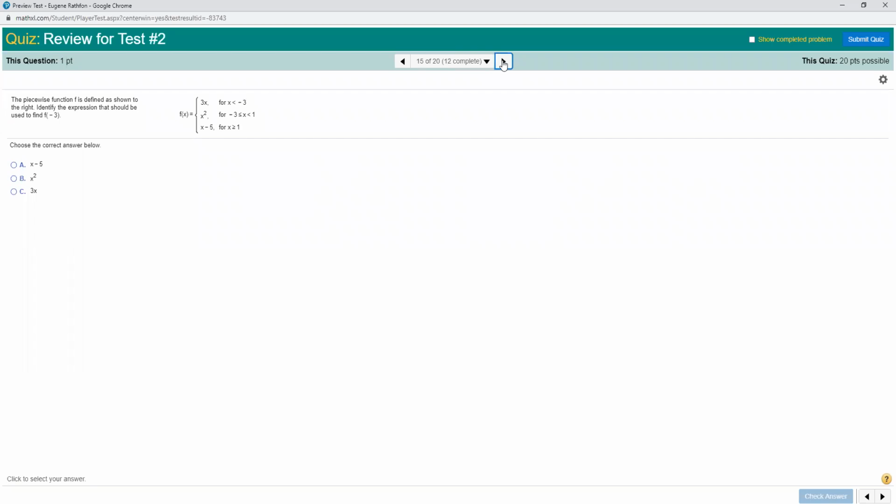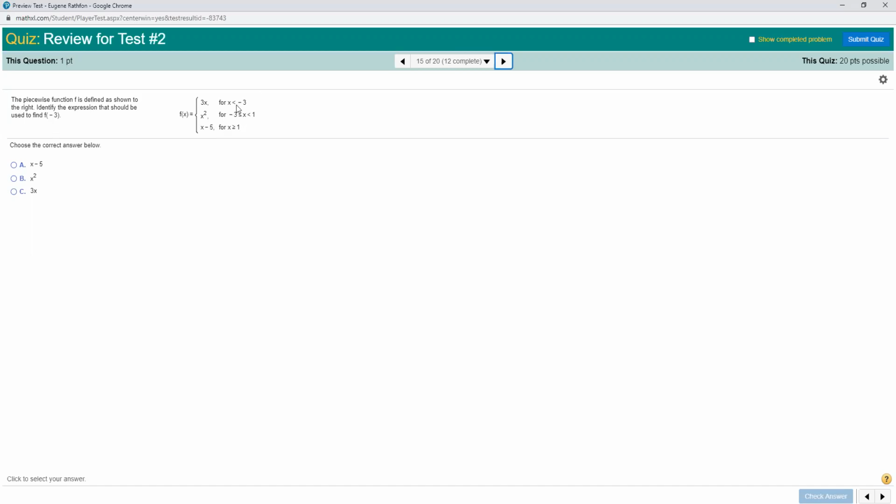Now, I got some of y'all on this one. They want me to find f of negative 3, and all they want me to know is which of these three equations would you use? Would you use the 3x equation, the x squared equation, or the x minus 5 equation? So, negative 3. These over here tell you what the number's got to be.